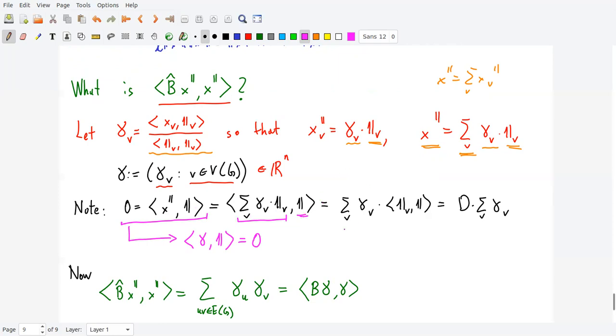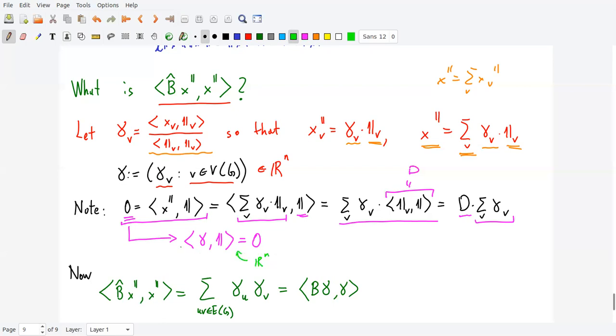I can put gamma v in front of everything and see that the indicator vector on the cloud of v cross product all ones is just equal to d, because this just counts how many vertices there are in the cloud of v. So then I see that 0 is equal to d times the sum of all the gammas. And once you think about it, nothing happened here. It's just saying that the sum of average behaviors on the clouds is equal to 0, which we already observed before.